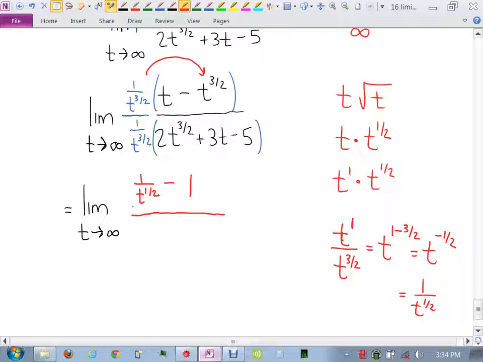Over, what do we get on the bottom? 2 plus 3 over t to the 1 half, then minus 5 over t to the 3 halves.